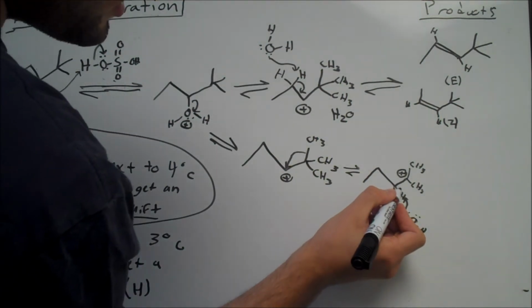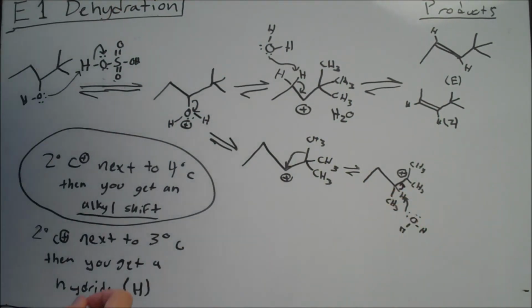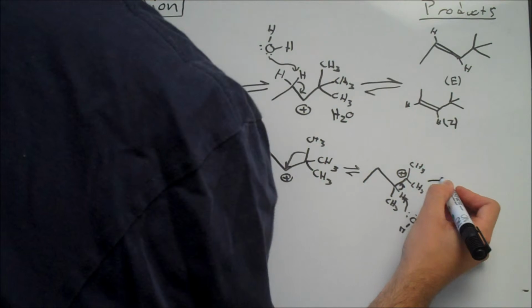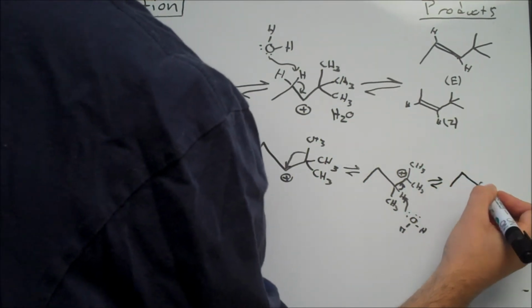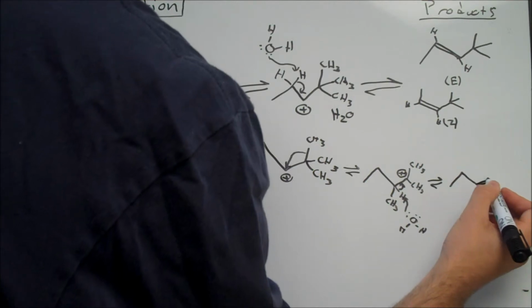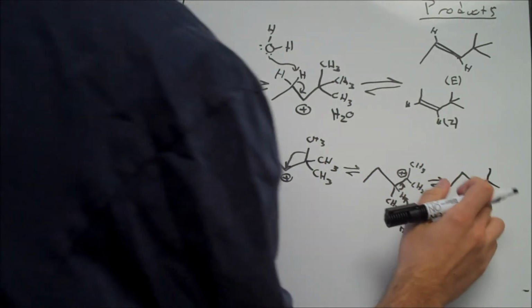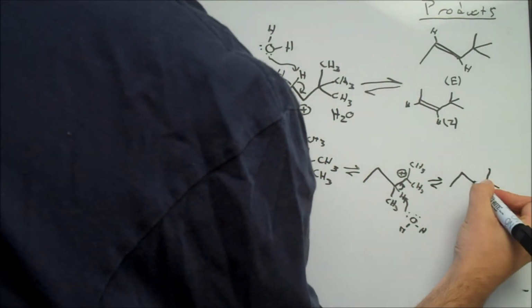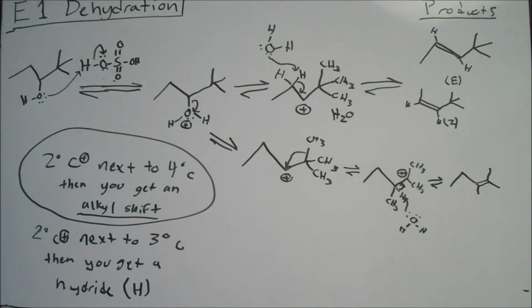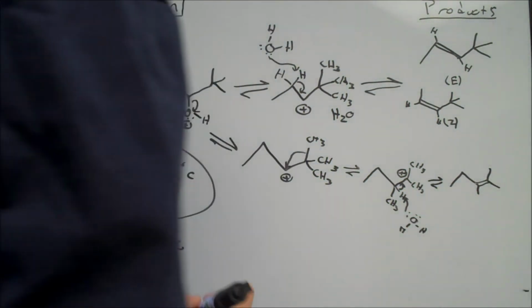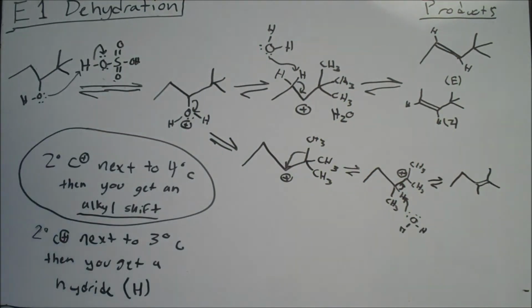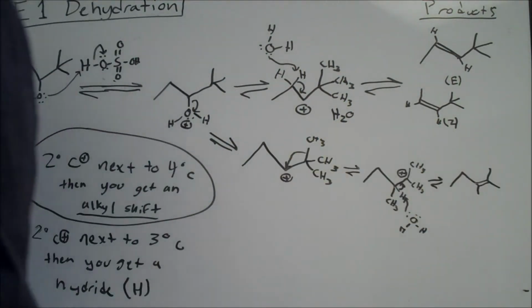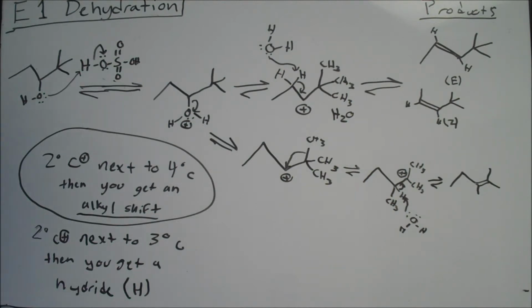If this happens, those electrons fall in to form the double bond, and that will give us a completely new product with the molecules shifted around. Notice that's a double bond. I'll try to draw it a little bit more apparent there. And you can't get E or Z with this product because on this carbon you have two methyl groups, so there's no priority. So you don't get E or Z, but this is a distinct product of the reaction.